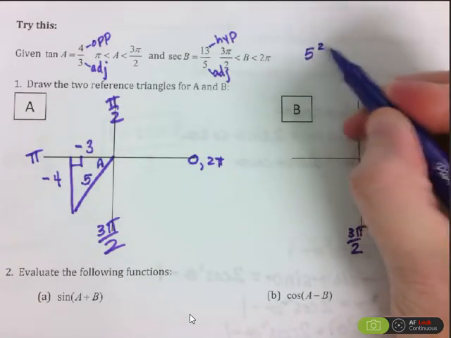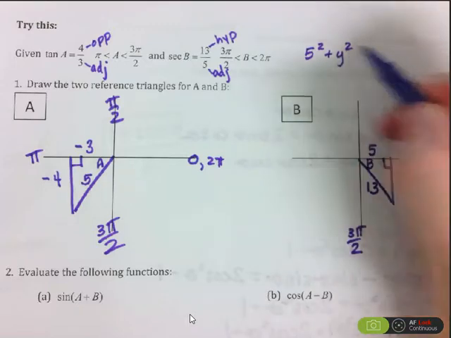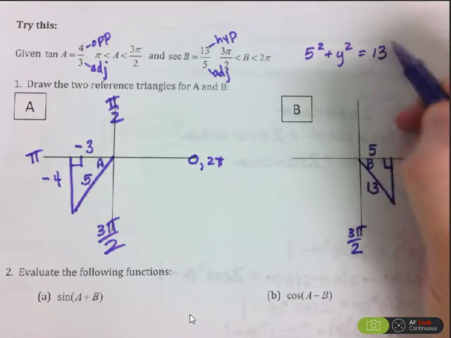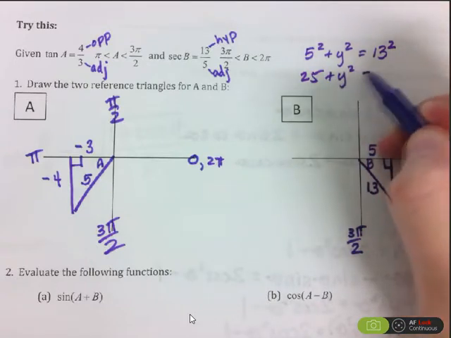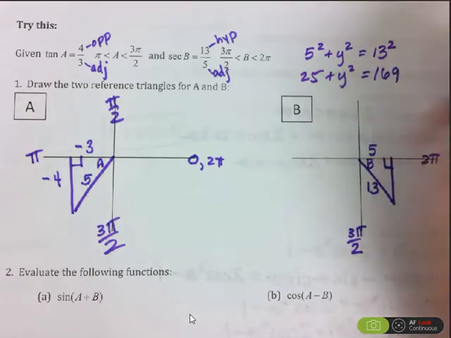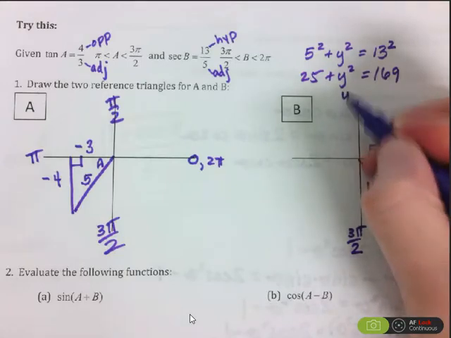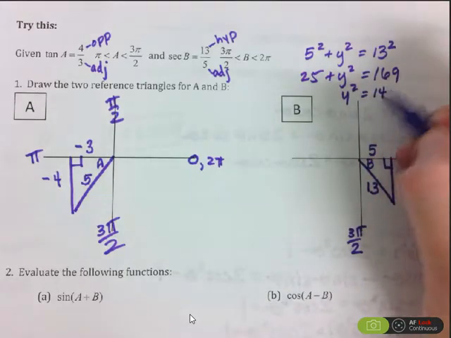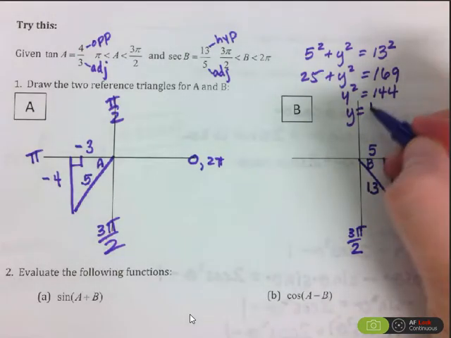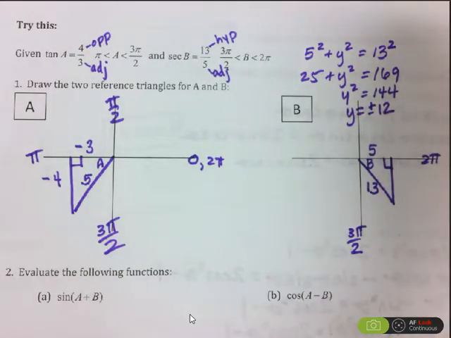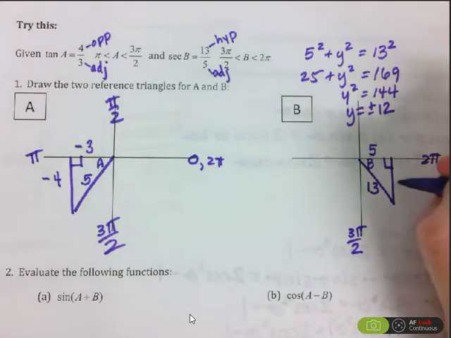So 5 squared plus y squared equals 13 squared. Y squared equals 144. So remember that when you solve with a square root, you get plus or minus 12. You have to decide which one makes sense in this situation. Minus 12, good.